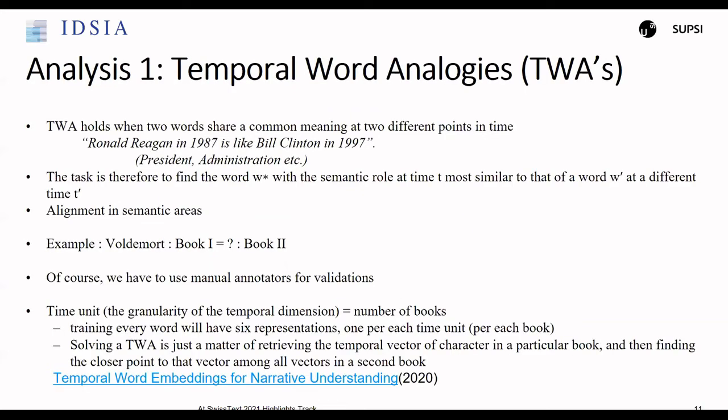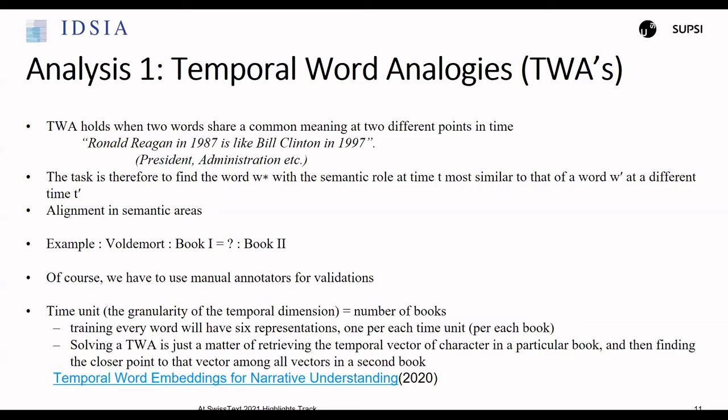Okay, so the first analysis we did was temporal word analogies, which is one of the most common methods to analyze temporal word embeddings. This measures the semantic role of a particular word at a particular timestamp, and to which other word it is related at another timestamp. For example, Ronald Reagan in 1987 is like Bill Clinton in 1997.